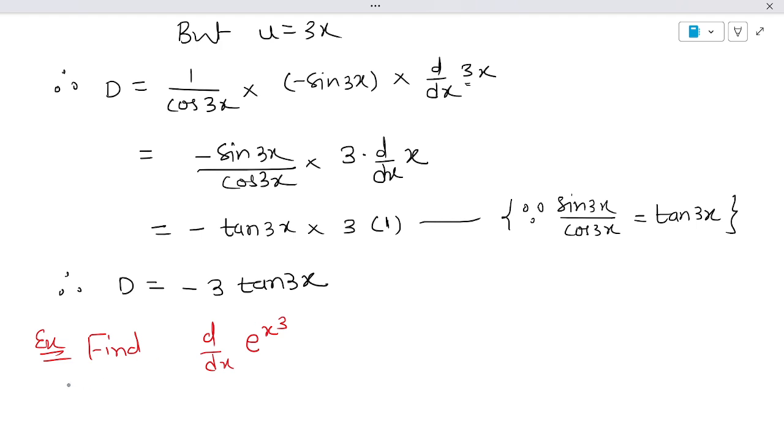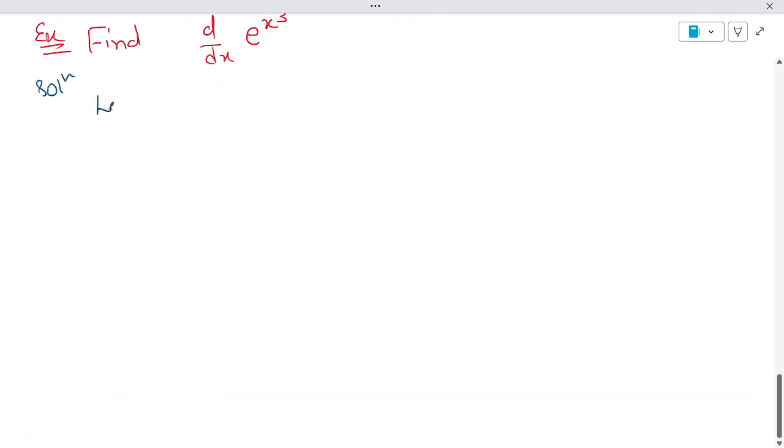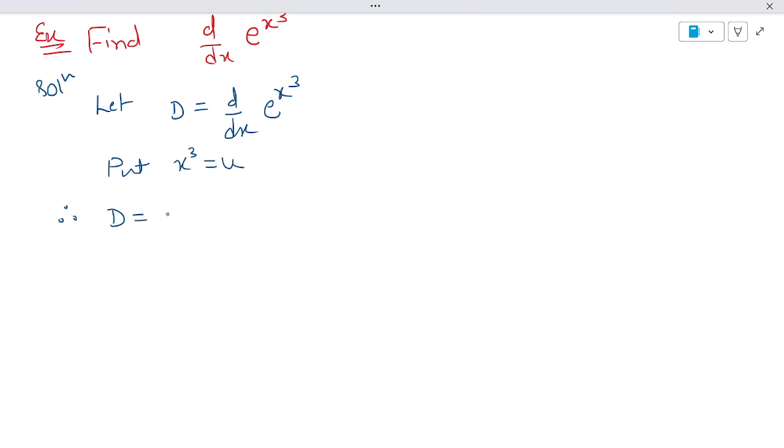So solution, let us assume that this capital D is nothing but derivative of e to the power x cube. So here put x cube is equal to u. So therefore this d is equal to d by dx of e to the power u.